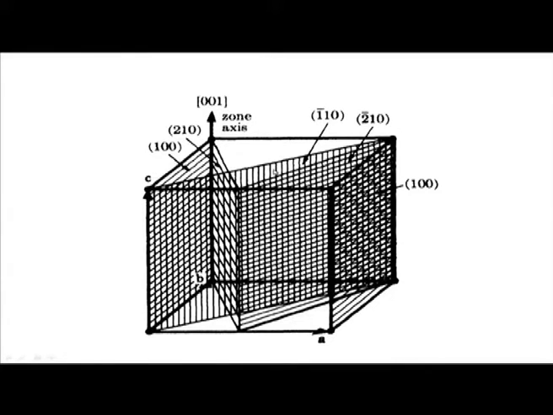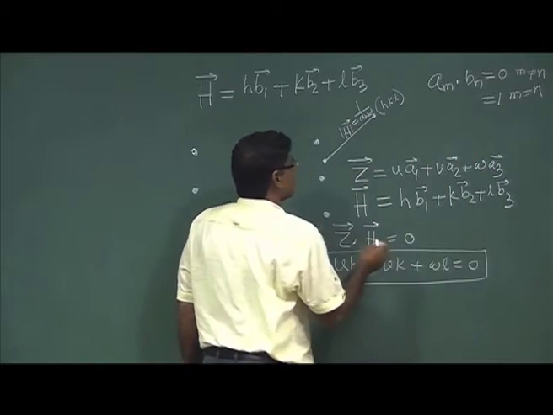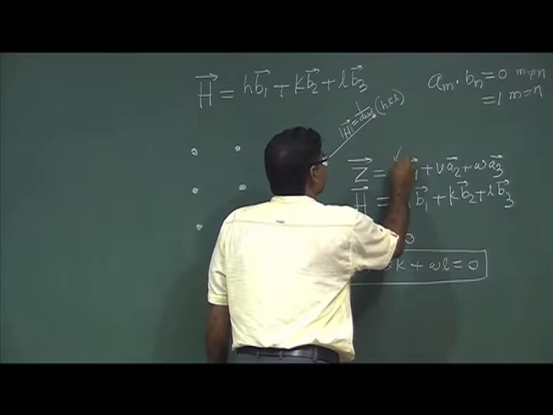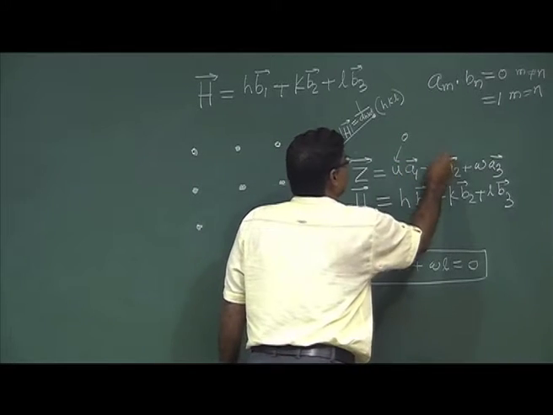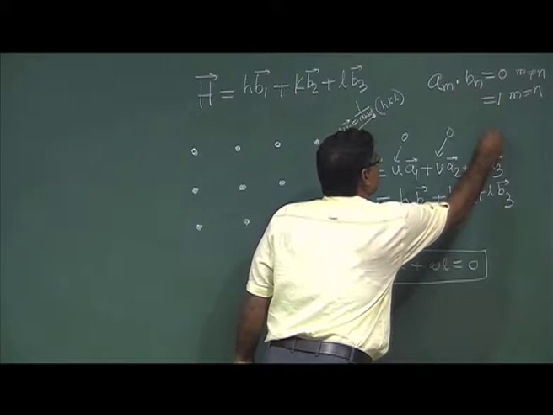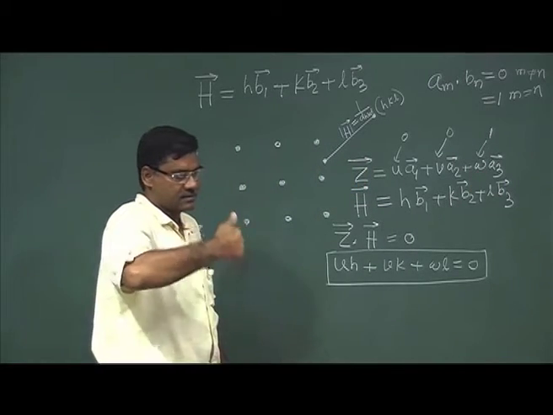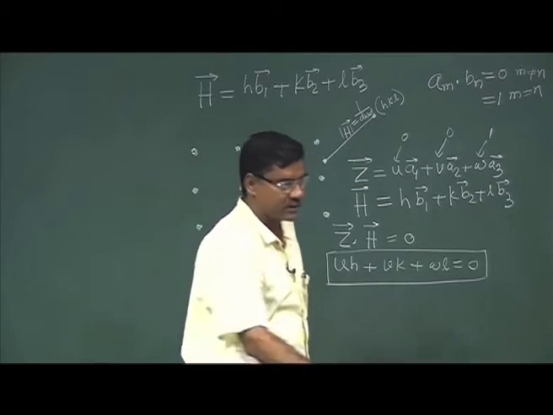So, this is 0 0 1, you see, this is 0 0 1. That means our UVW: U will be 0, V will be 0 and W will be 1, because this zone axis is A3.